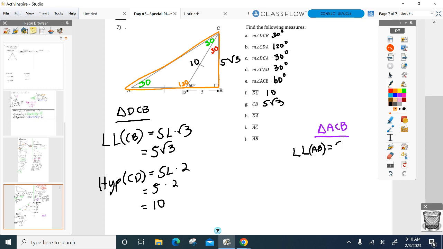It's going to be shorter leg times radical 3. Shorter leg was just what? 5 radical 3 times radical 3. 5 radical what? 9, but hopefully our eyes light up, right? I'm going to rewrite what? Not 5 times radical 9, but 5 times, what's this turn into? 3. So that side is 15. AB is 15.